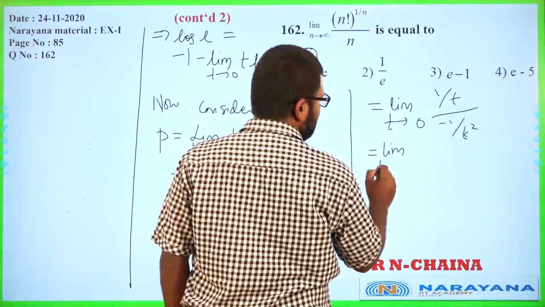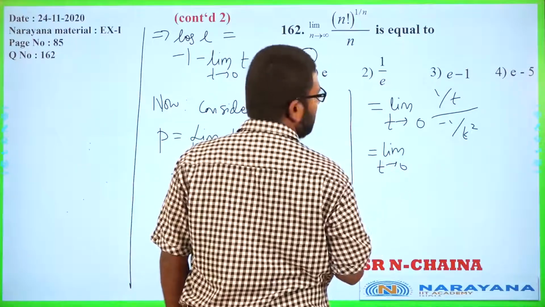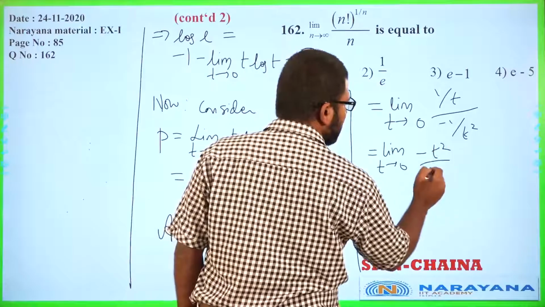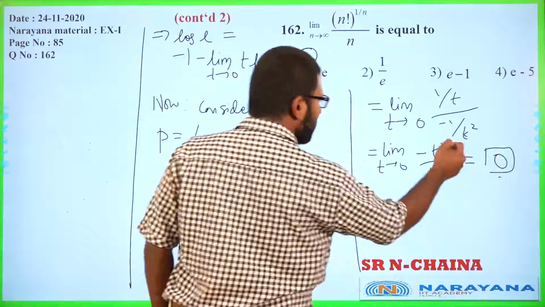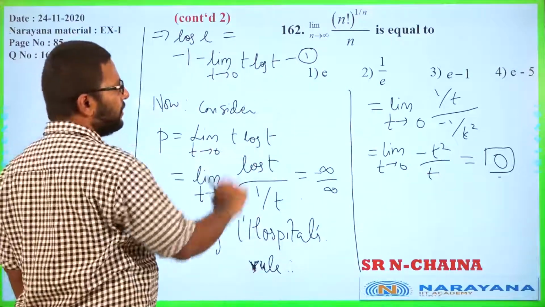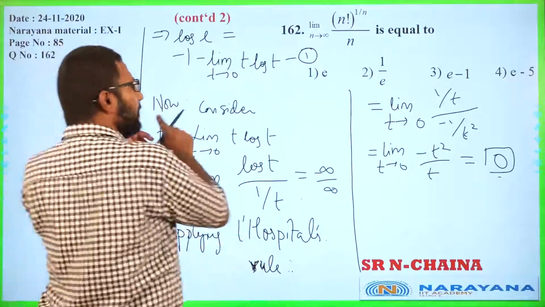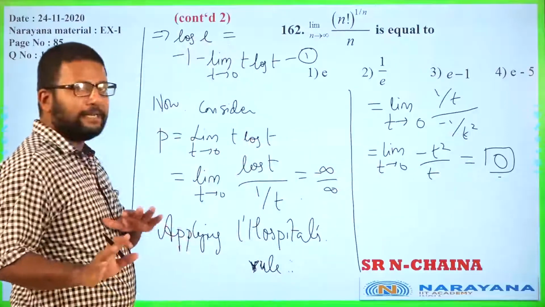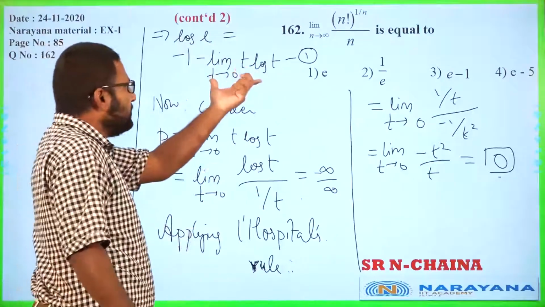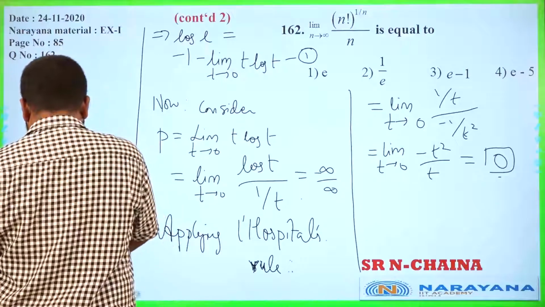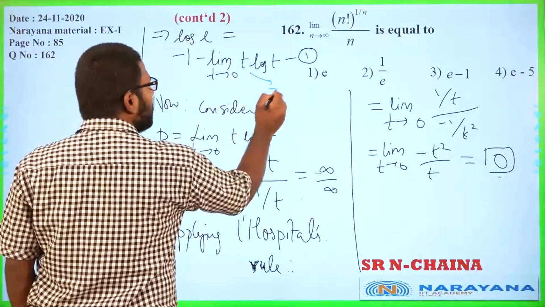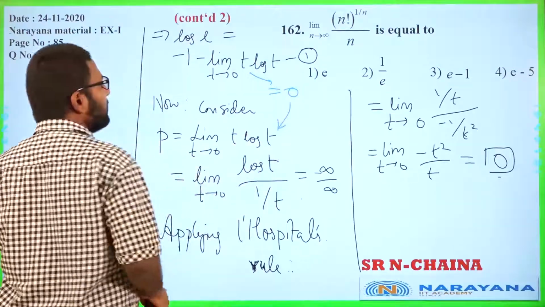Limit t tends to 0 of minus t square upon t, which is 0, because one t will get cancelled, you will get 0. So why did we do all this? To be mathematically correct. So this whole term becomes actually equal to 0.